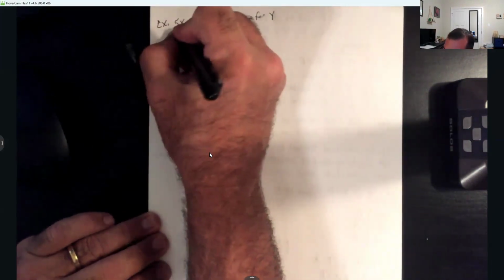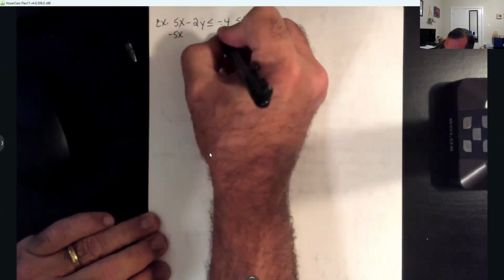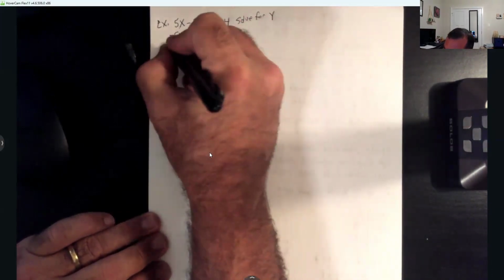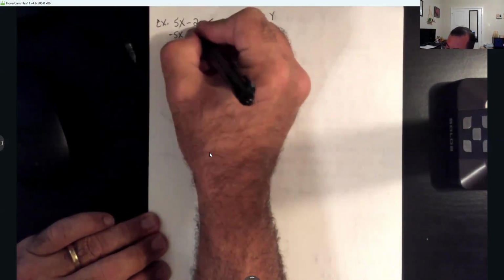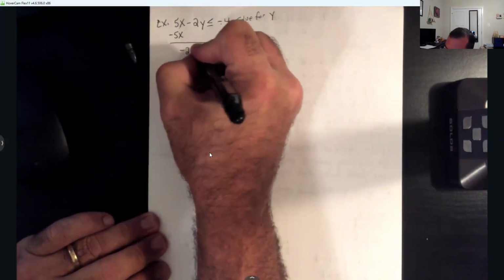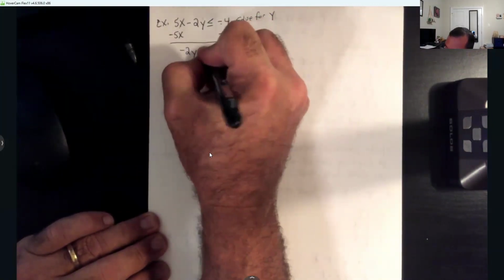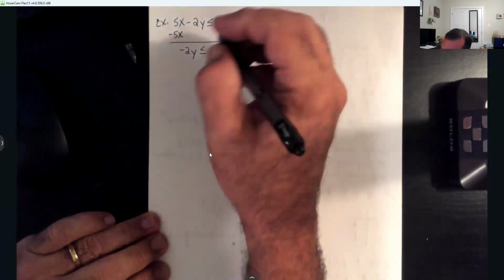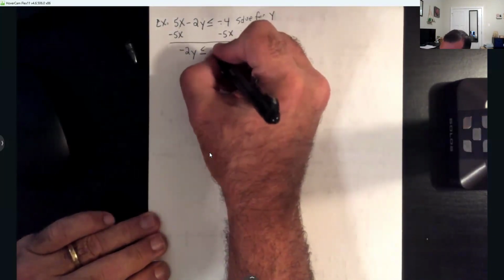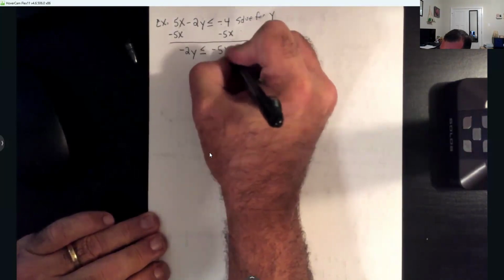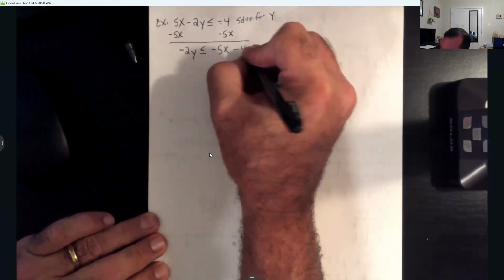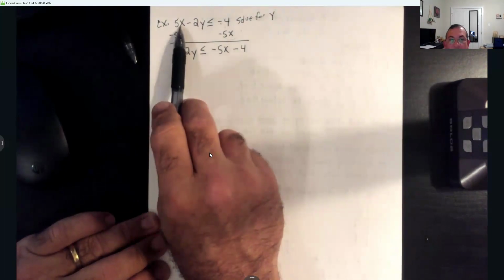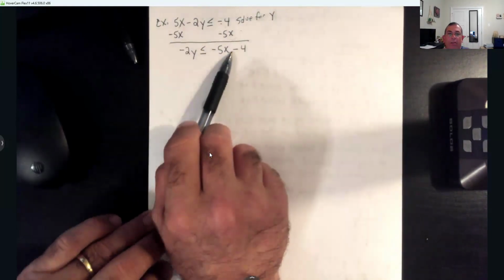Because y'all watch, to move it, we subtract it from both sides. So those will cancel. I get -2y is less than or equal. So you don't have like terms over here. So I usually put my x's first. So I'm going to put -5x and then minus my 4. So look, it was positive over here. It's negative on the other side.